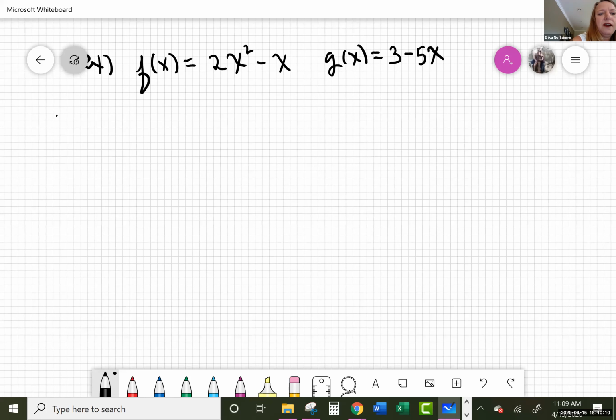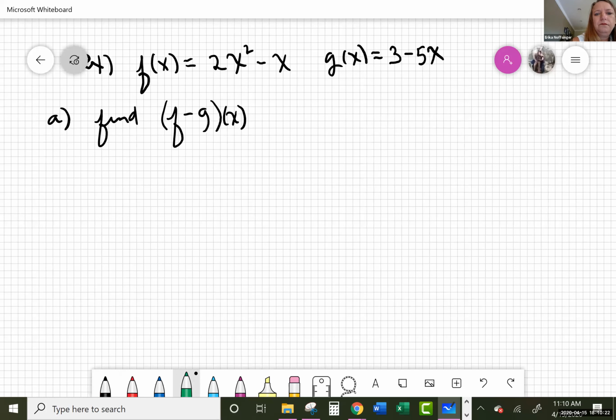And so part A asks you to find f minus g of x. So this is saying I'm looking at my equation f of x minus whatever my equation g of x is.